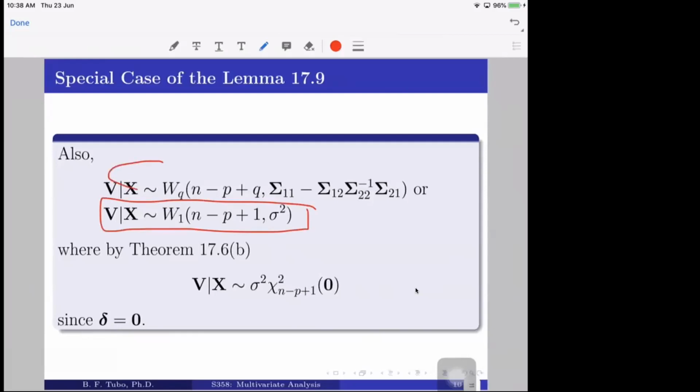So that is the general formula, Wishart, but when Q is equal to 1, it boils down to a W1, but W1 is actually a chi-square, no? Chi-square distribution. So it will just boil down to a central chi-square. So these are the applications of this important lemma.